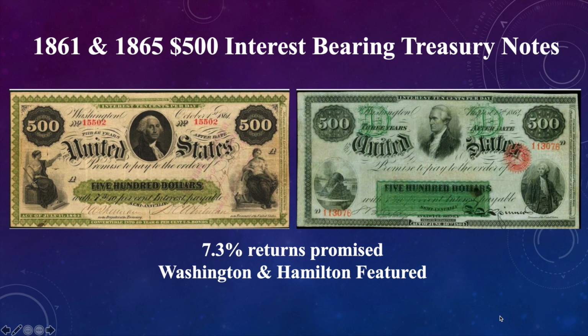They are promising 7.3% returns on the $500, so they were often exchanged right back. It wouldn't really make sense to hold onto these because they were increasing at such a high rate that their value was a lot more than the $500 face value. So again, not too many of these are around today. Most of them are pretty much unique. Those feature Washington and Hamilton.